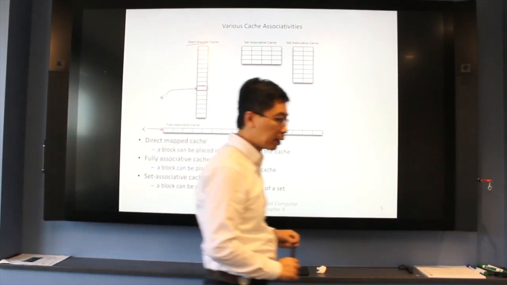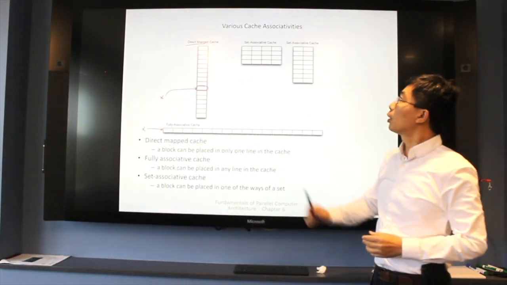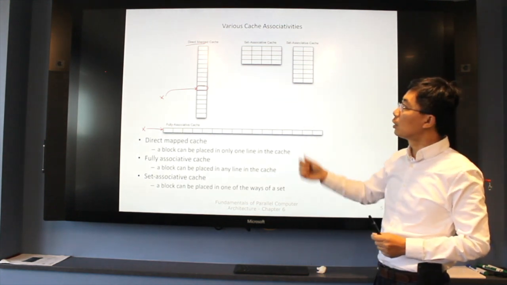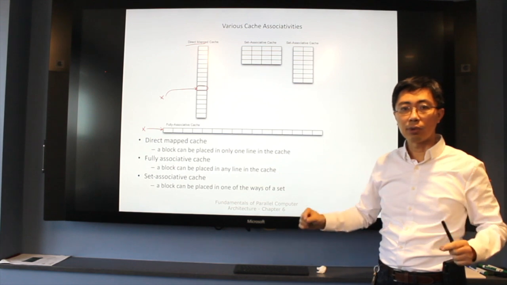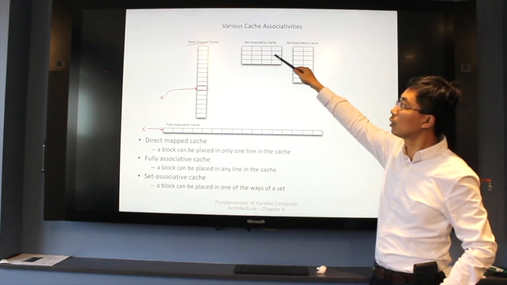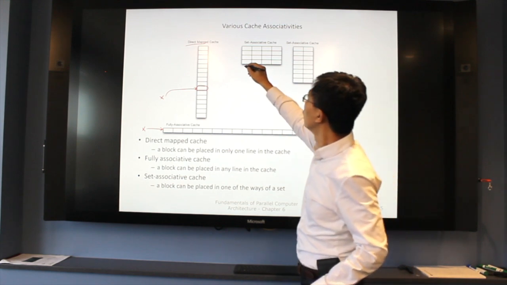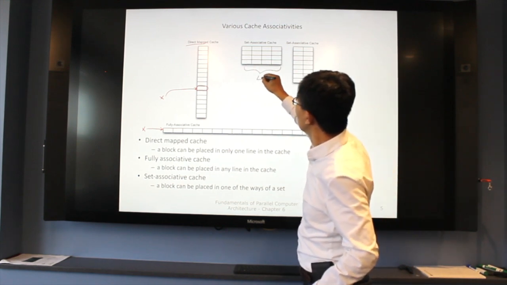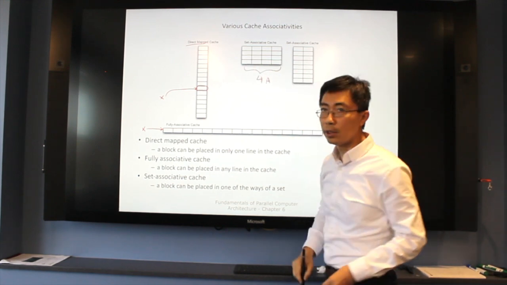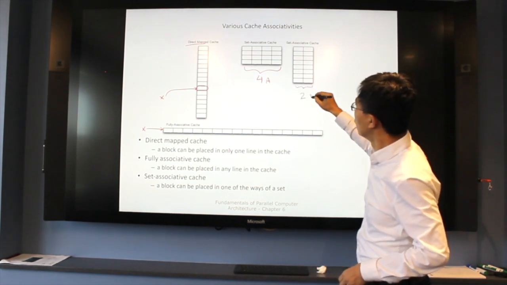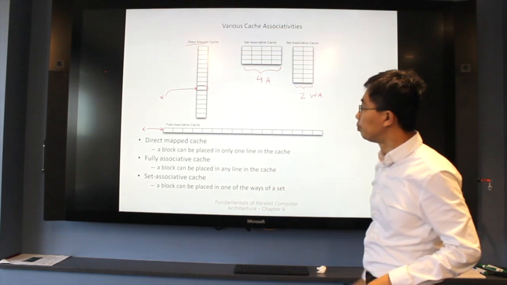But in most cases, a cache will be organized as a set associative cache, meaning that it's not a single column, it's not a single row, but you have a certain associativity. So let's say in this case, four-way associative, and in this example, two-way associative.